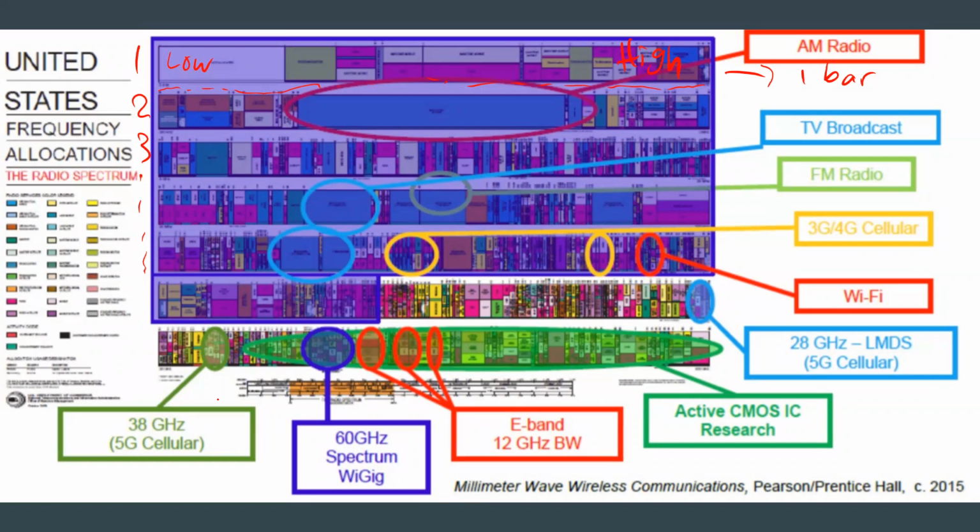And what I'd like to point out here is a technology called millimeter wave. Millimeter wave, as its name describes, is a technology that uses signals of very small wavelength, millimeter wavelength.